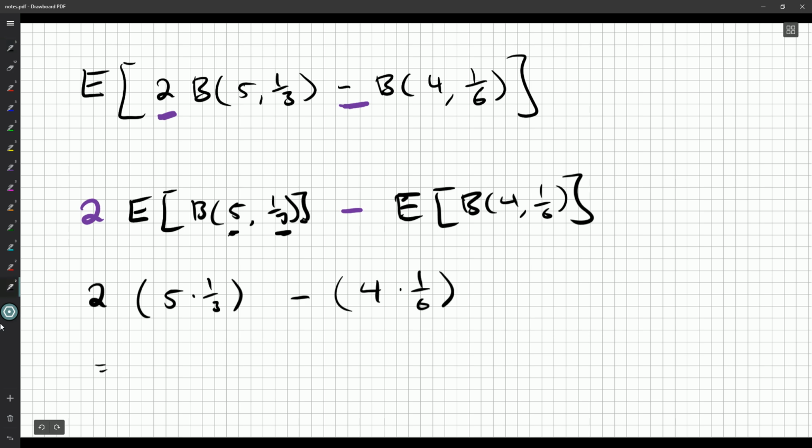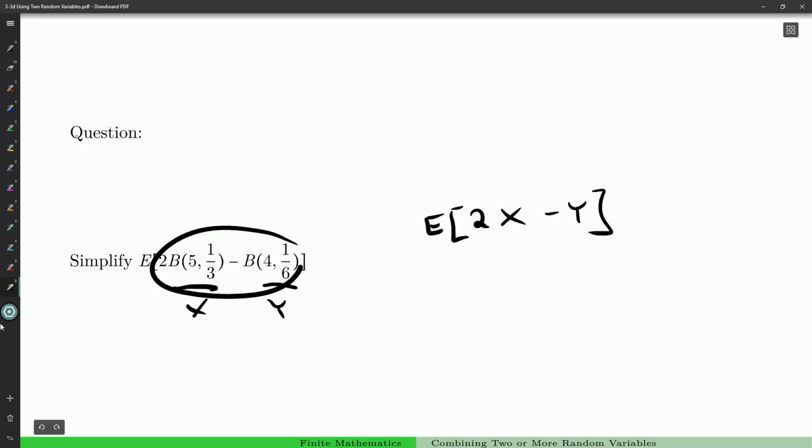So 2 times 5 is 10, so we'll get 10/3, minus 4 over 6 becomes 2/3. We get our answer here, 8/3. And that's our final answer. The expected value of this complicated looking combination of binomial random variables is just 8/3.